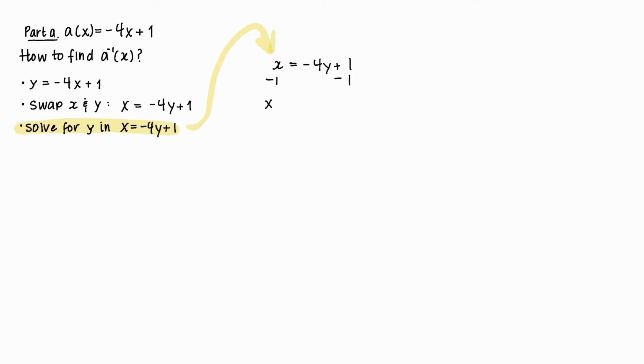So I get x minus 1 is equal to negative 4y. And then, to solve for y, I can divide both sides by negative 4, to get x minus 1 over negative 4 is equal to y.